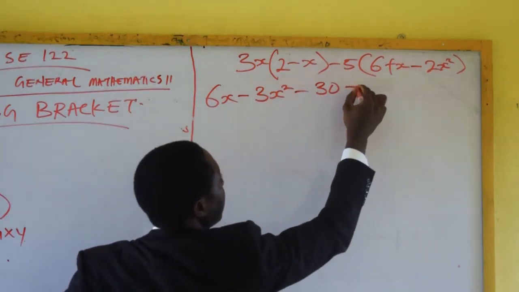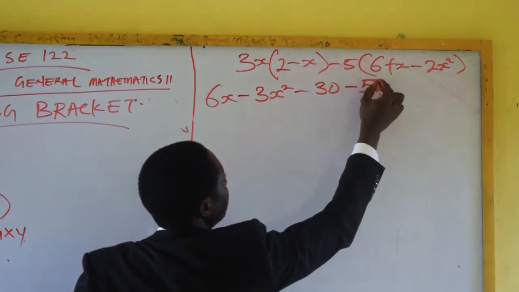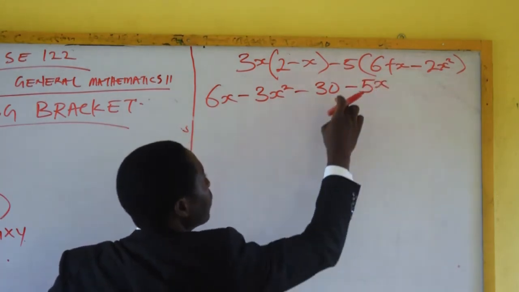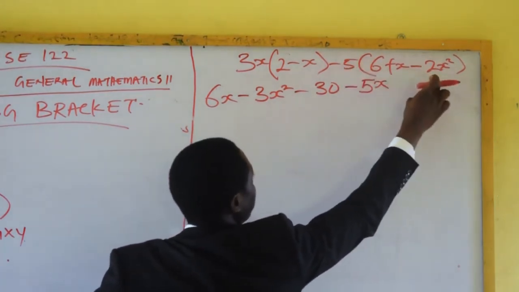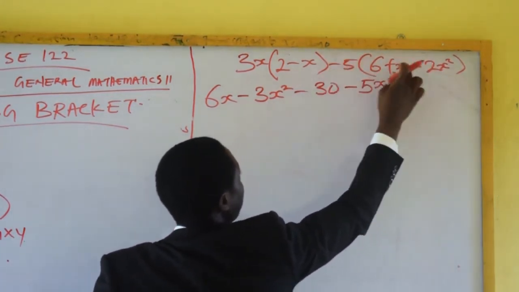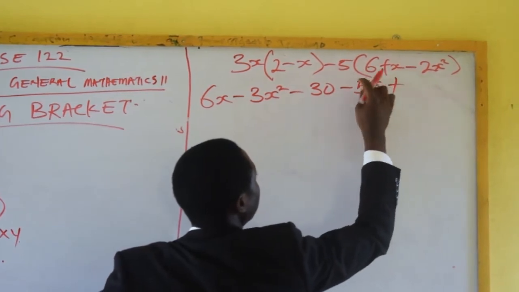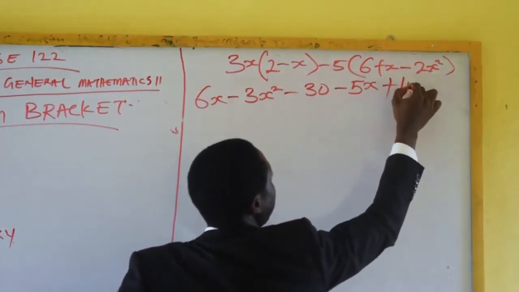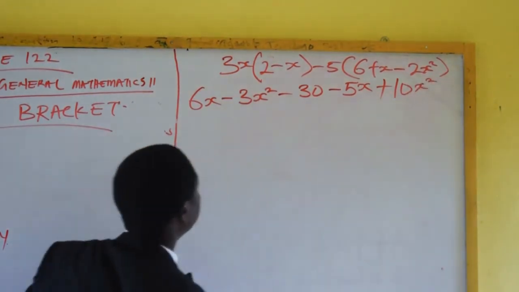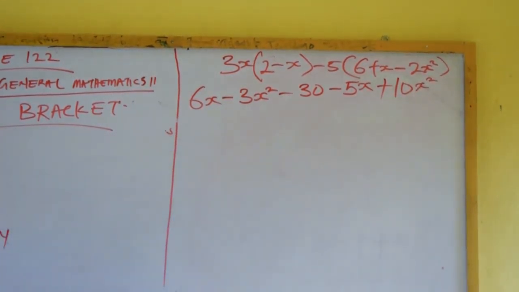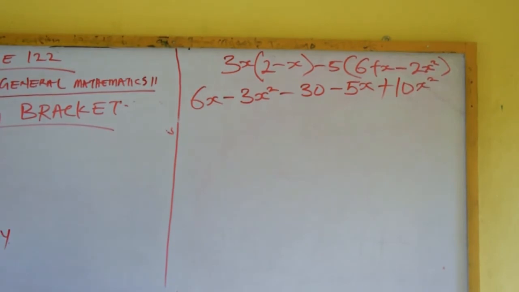That will give you negative 5x. Is that okay? Negative 5 multiplied by negative 2x squared. Now 5 times 2. Okay, negative times negative, I told you that's positive. 5 times 2, that's 10. Then your x squared. I think there's no problem to that junction.